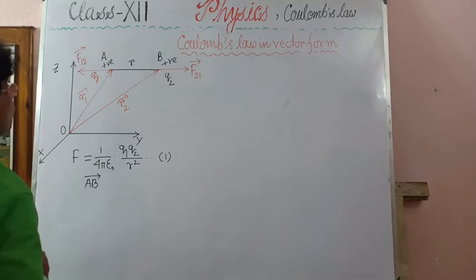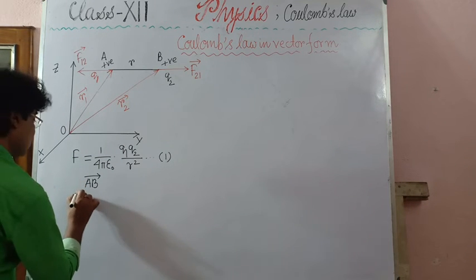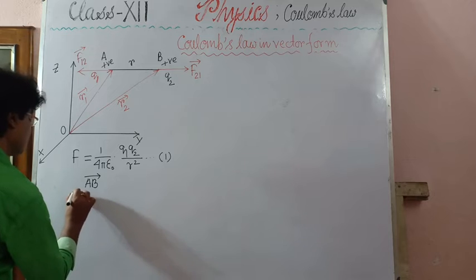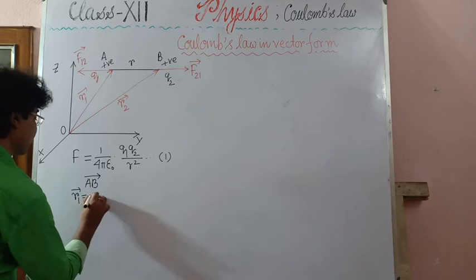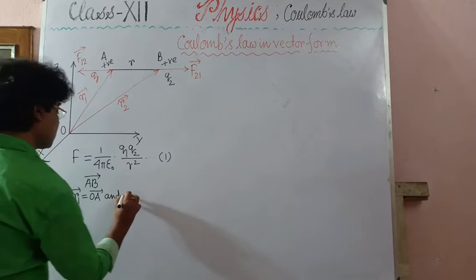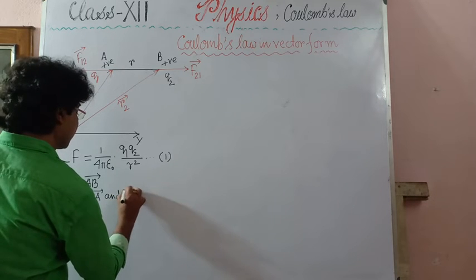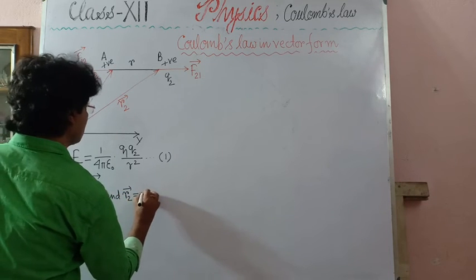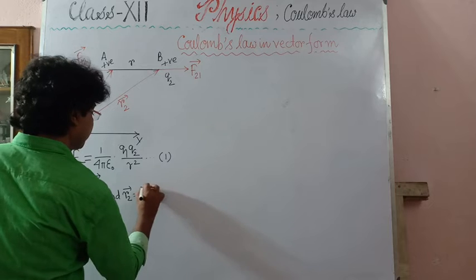So we can write R1 vector equals OA vector and R2 vector equals OB vector.